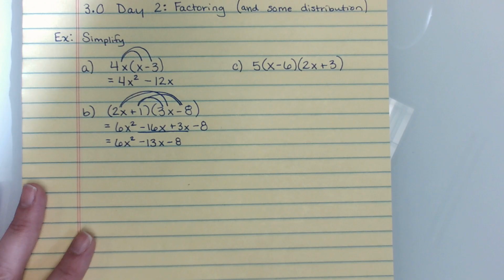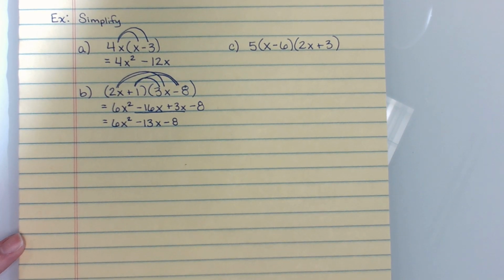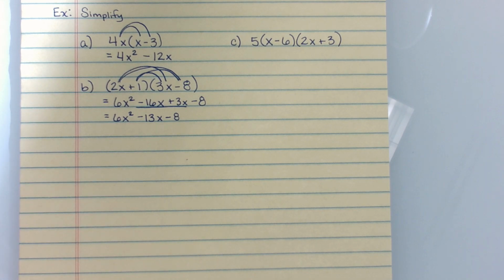We had problems that looked like this pop up on our last test. But there were some issues with it. If I want to multiply that out, where do I start?